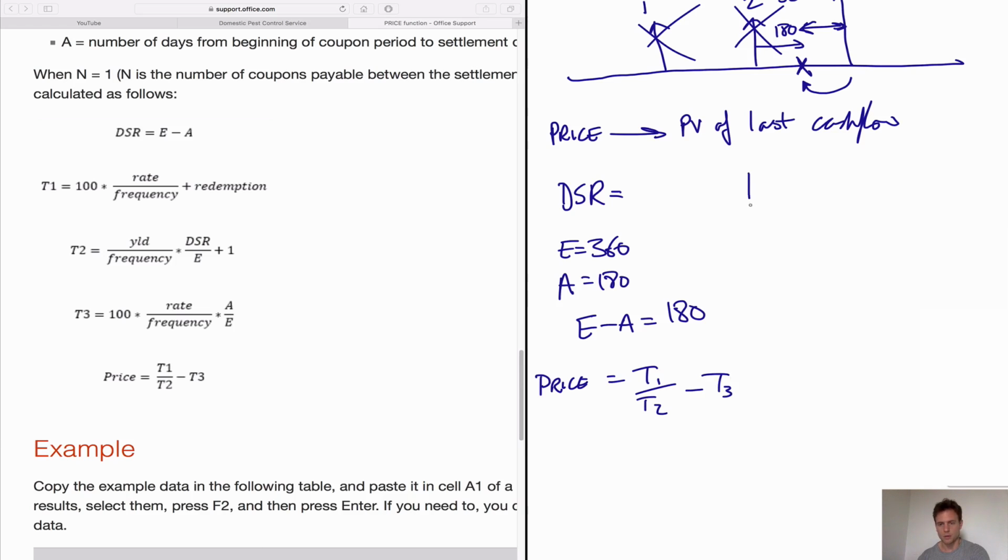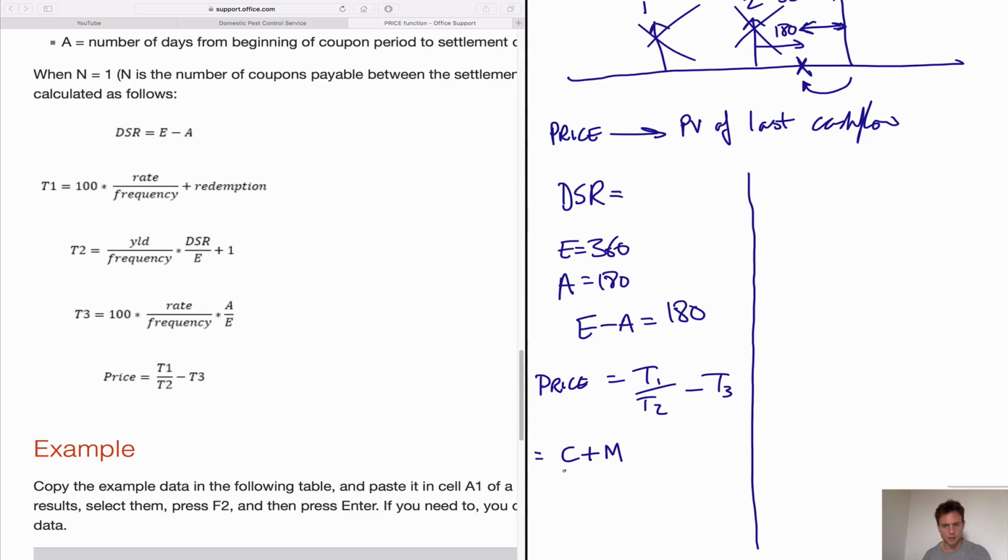Let's draw another column down here. See if I can fit it on one screen. So basically they're broken down. T1 is the coupon plus the maturity redemption. Coupon is 100 times the rate divided by frequency, plus a redemption. That's T1 divided by T2.